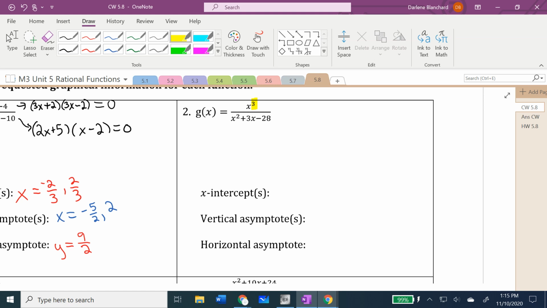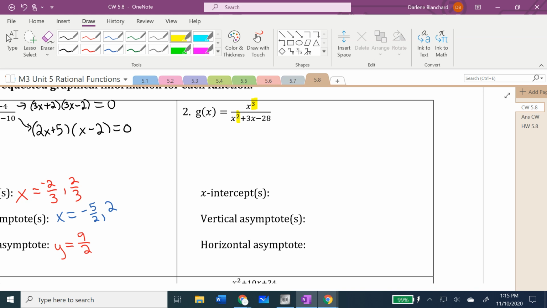How does the bottom not have a larger degree? Right. For number 2, the denominator polynomial is degree 2, while the numerator is degree 3. That means no horizontal asymptote.